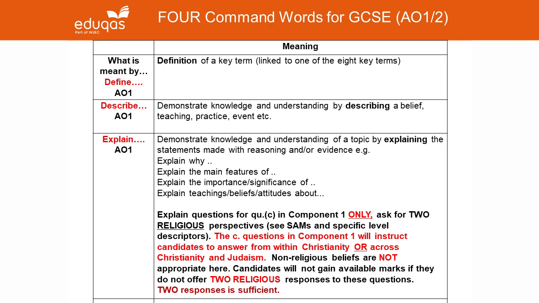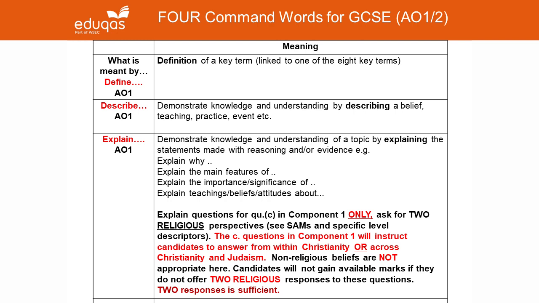The B questions will ask for a description of something, an event, a practice, a teaching about, a view on, etc. The C questions ask for an explanation of something.